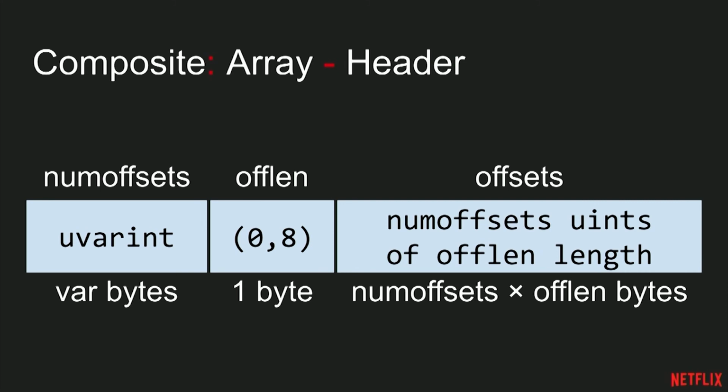Now, why would we do that? So if you want to store a full 64-bit integer, it takes a lot of space. It takes 8 bytes. But I'm not going to be storing 9 septillion. I don't know what the maximum int64 is. Some huge number. We don't really need all 8 bytes. So what we do is figure out the maximum length that you need in bytes to store the maximum offset.